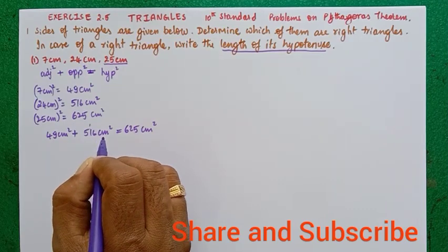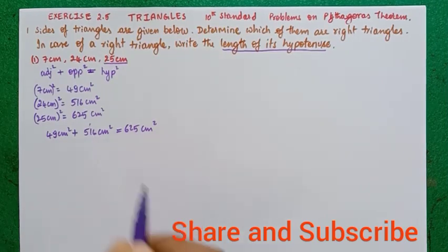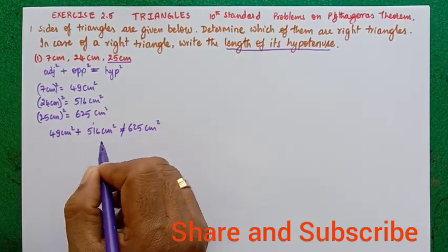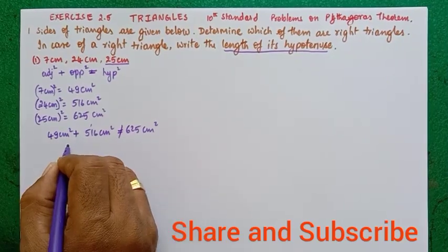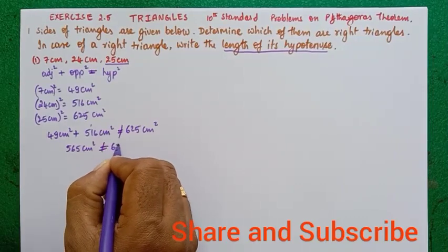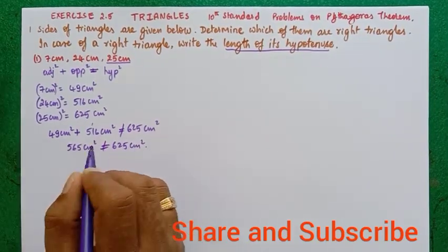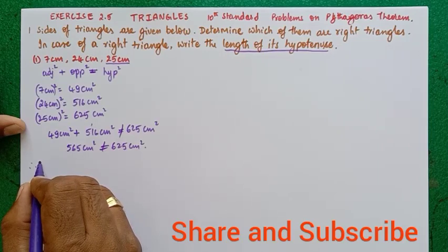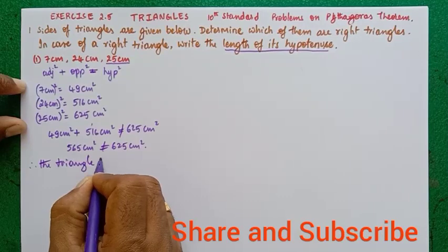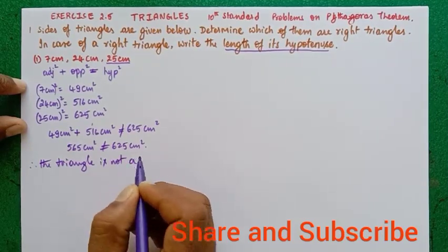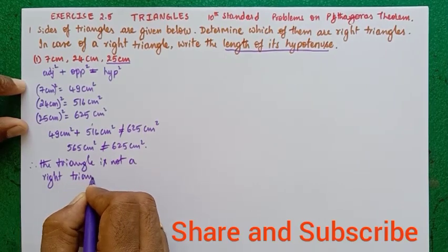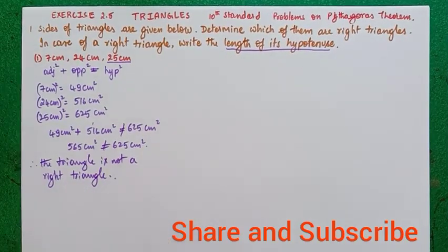From this we can say this is not equal. If we add this one, we will be getting 625... rather 565 centimeter square, which is not equal to 625 centimeter square. Therefore, the triangle is not a right triangle. It's not a right triangle.